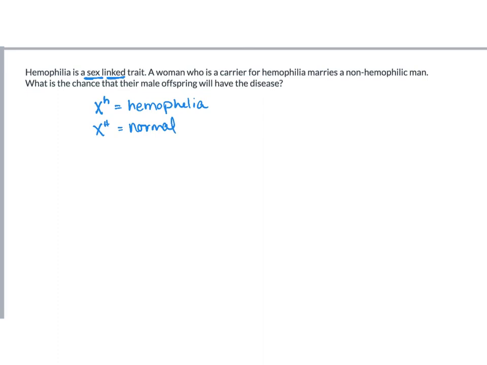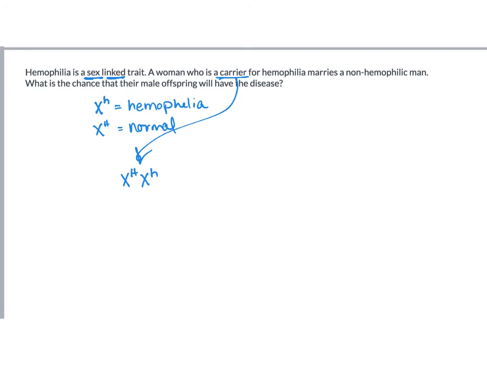Okay. So it says a woman who is a carrier. And so you need to know what a carrier is. If a woman is a carrier, that means she has one of those alleles. So this woman that's a carrier would be X big H, which is normal, but she's carrying a hemophilia gene.